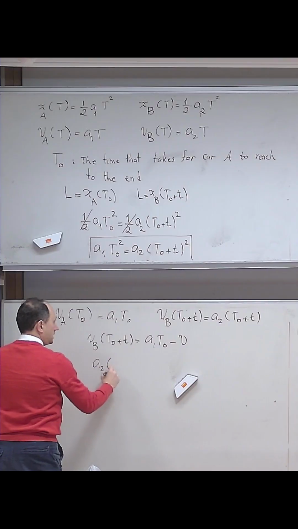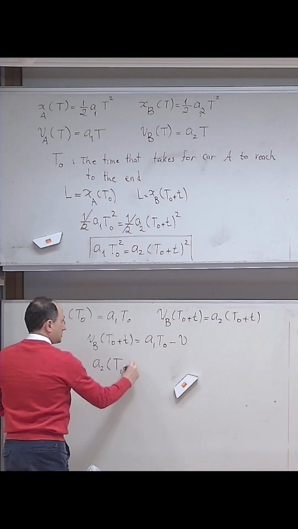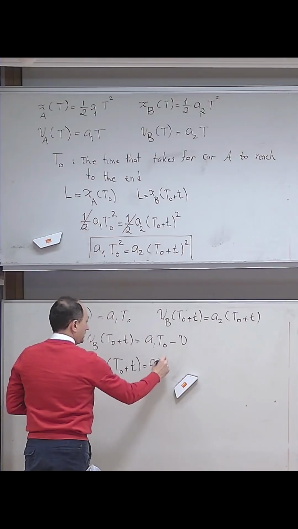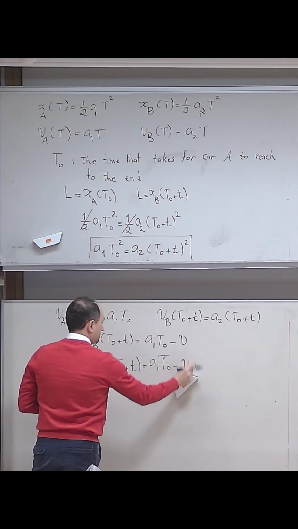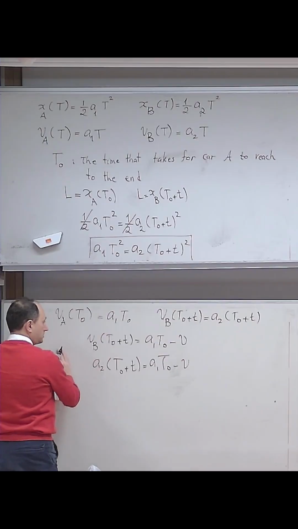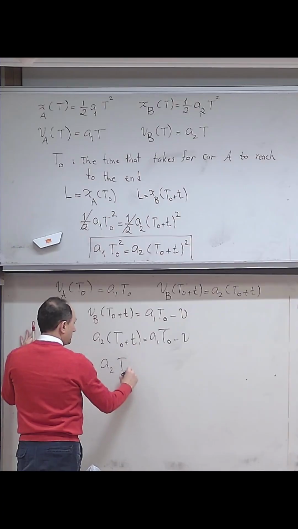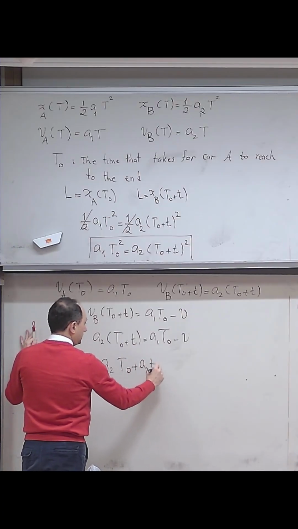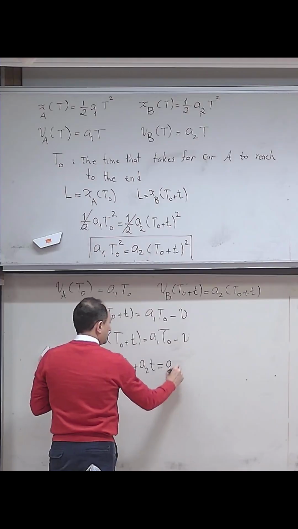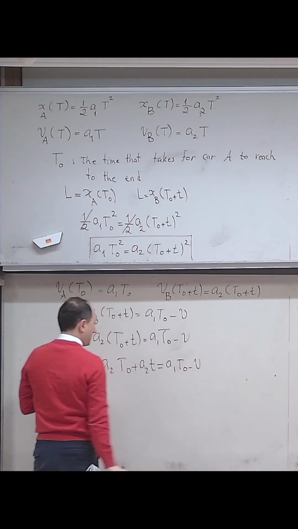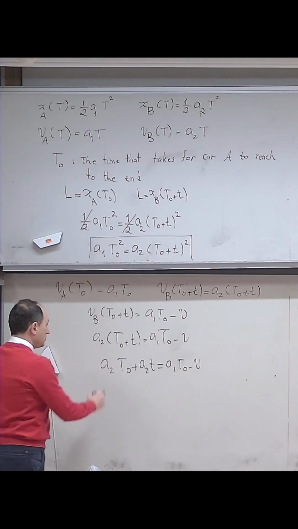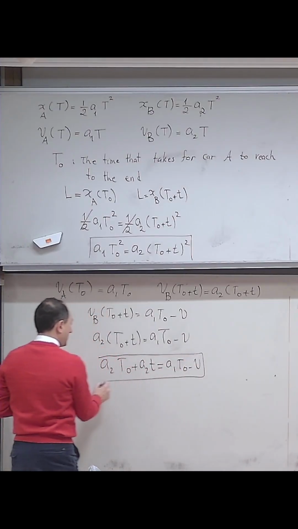So this becomes a2 times t naught plus t is equal to a1 t naught minus v. Okay, so if I multiply these, it becomes a2 t naught plus a2 little t is equal to a1 t naught minus v. Okay, so this is also another relation that I have.